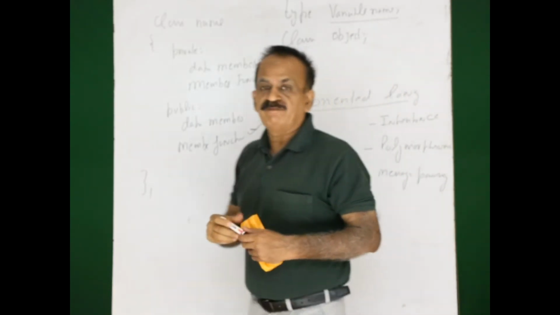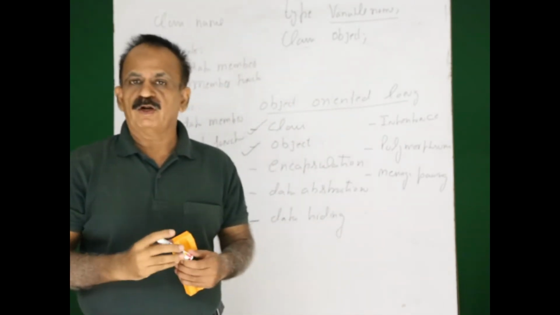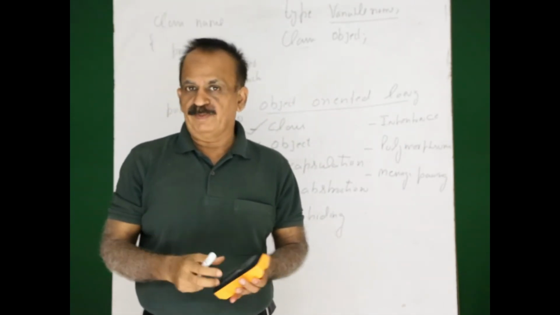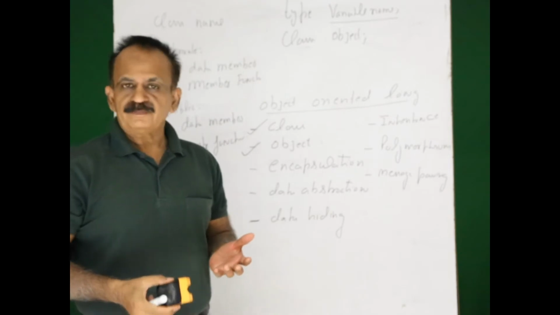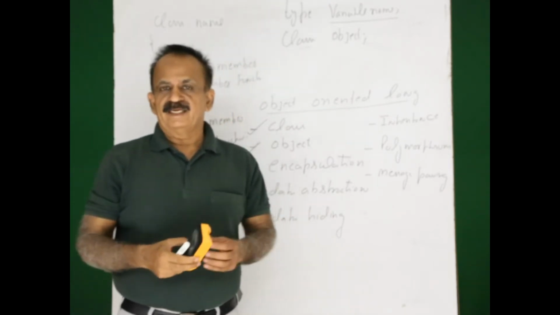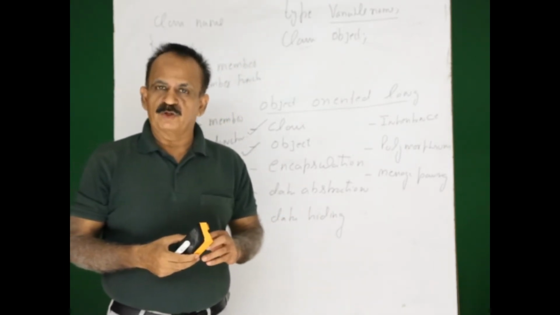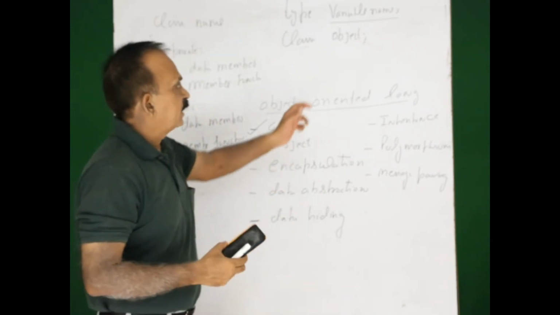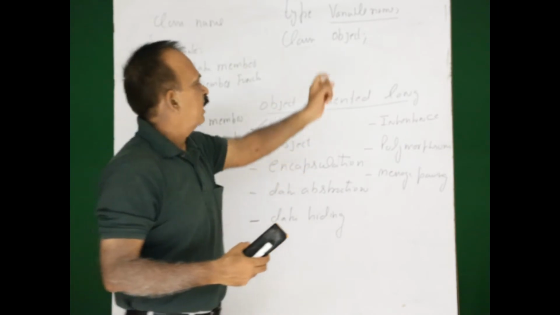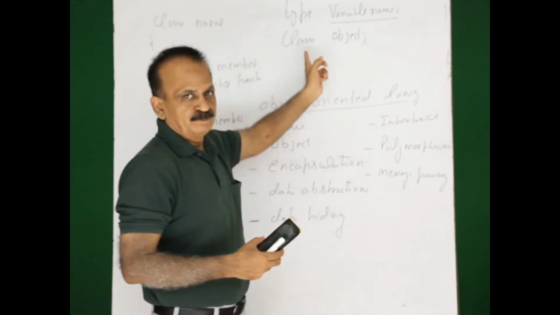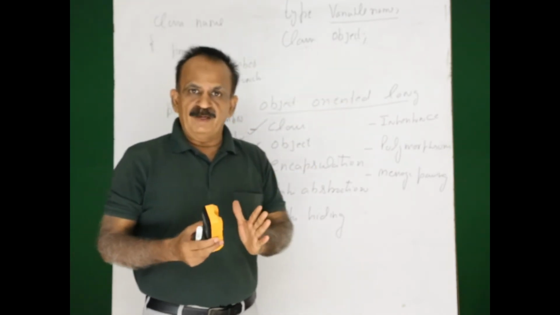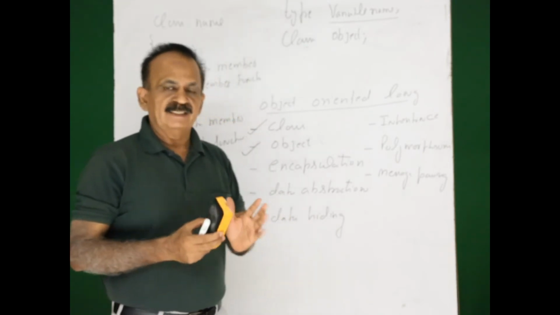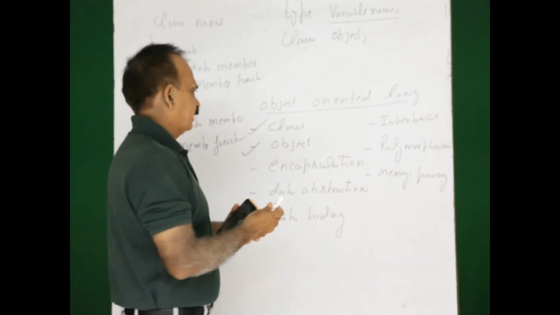A class can have a number of objects. For example, I say book is a class, and C++ book or C language book or DBMS book, all these are the objects whose class is book. Now the variable of the type class is known as object.